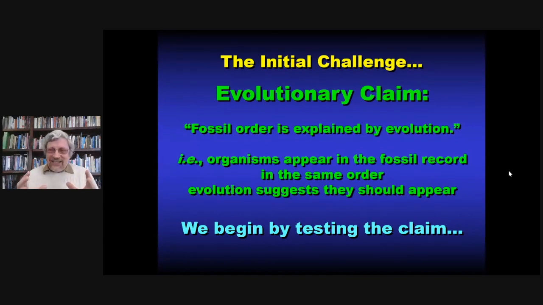I sat down and thought about 7 of the strongest arguments I thought existed for evolution, and I worked through each of those problems to determine a creationist response to it. One of those questions is this one: the claim that fossil record order is explained by evolution. Is that in fact true? Do organisms appear in the fossil record in the same order that evolution suggests?